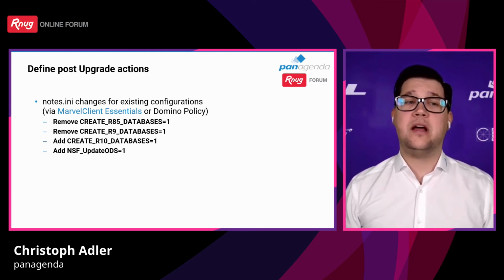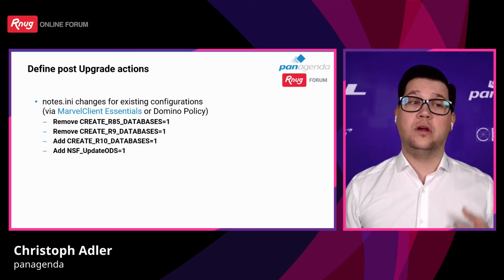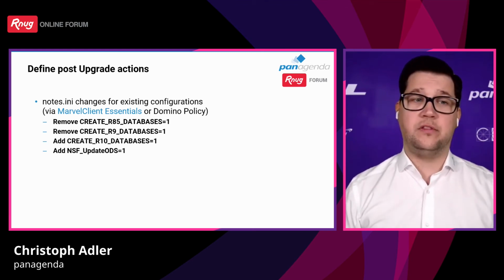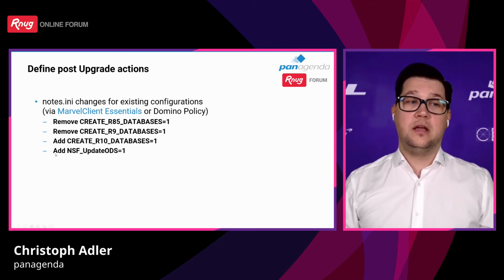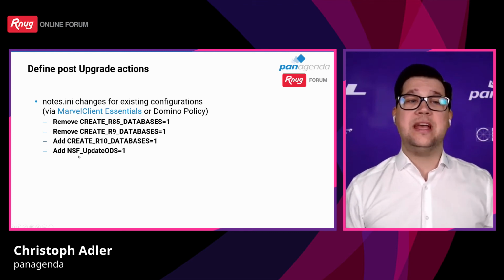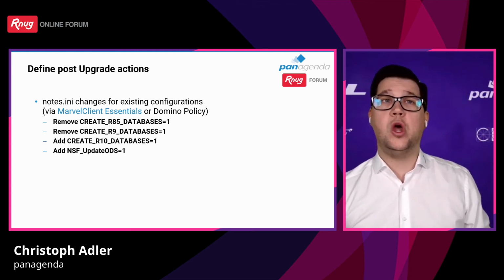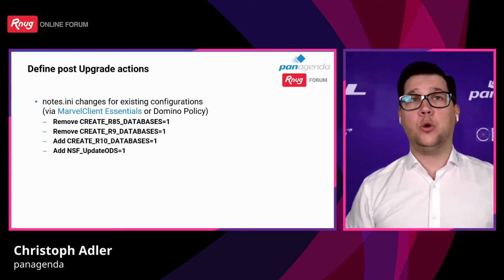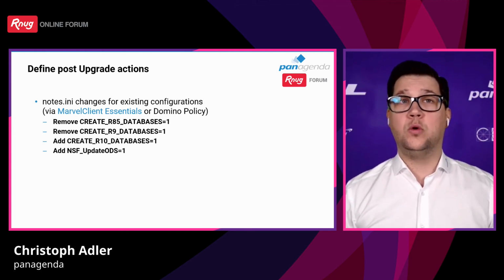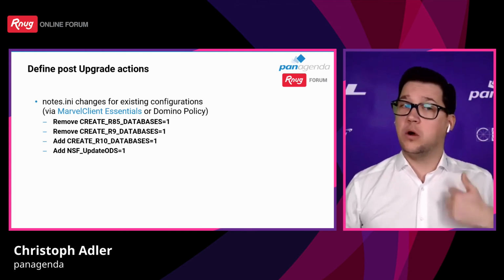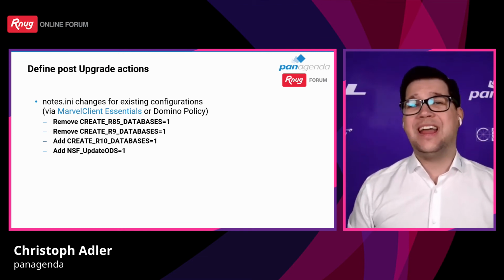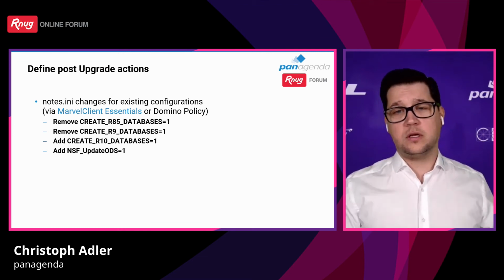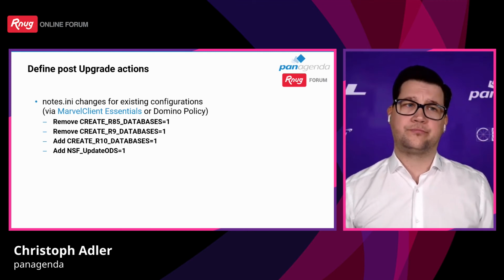There is no create_R11, so R10 is the latest version of the ODS. If you also add NSF_UpdateODS=1, the ODS upgrade will be performed automatically in the background when nodes is in use. So all good. I would suggest using exactly those nodes INI entries.